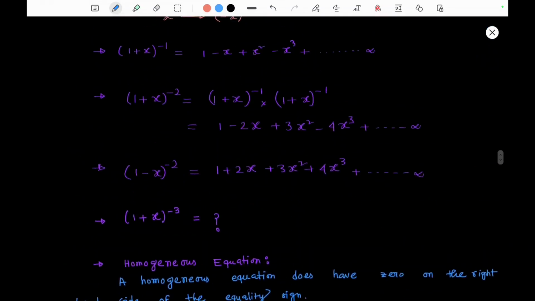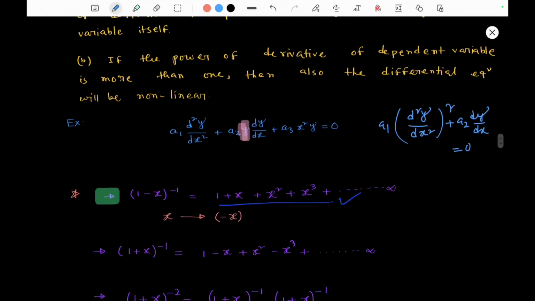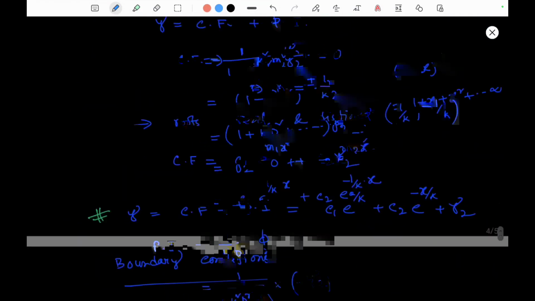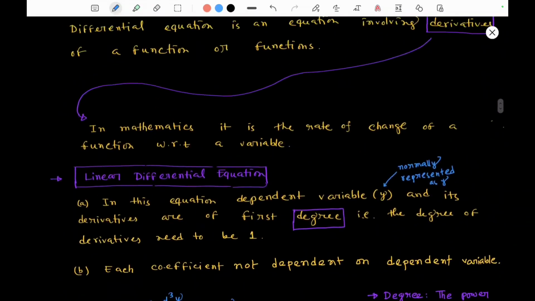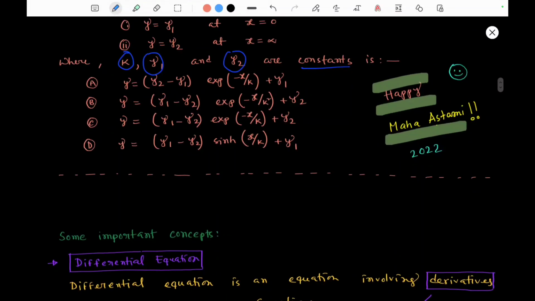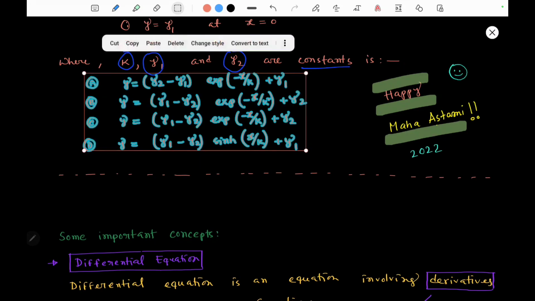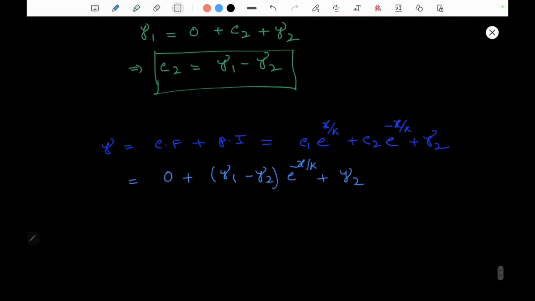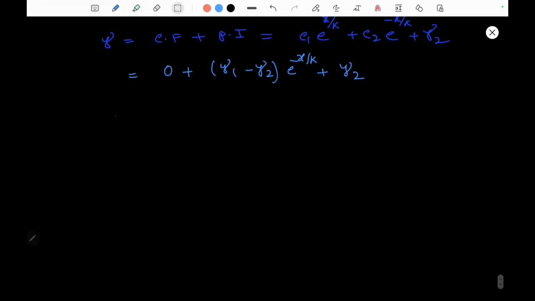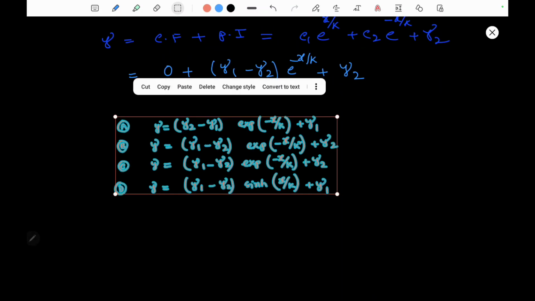Now let's check the solution. It is above, so what we will do, we'll just copy these options and paste them here.